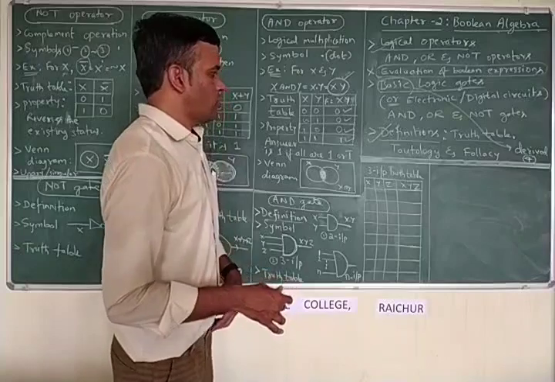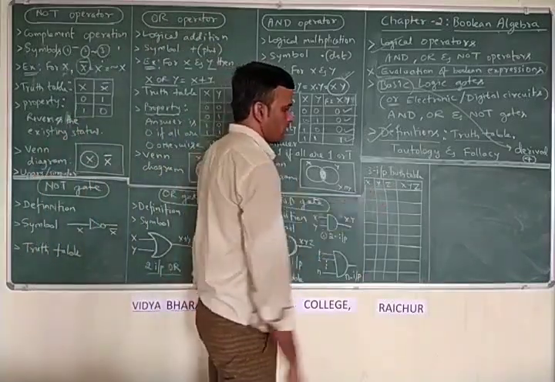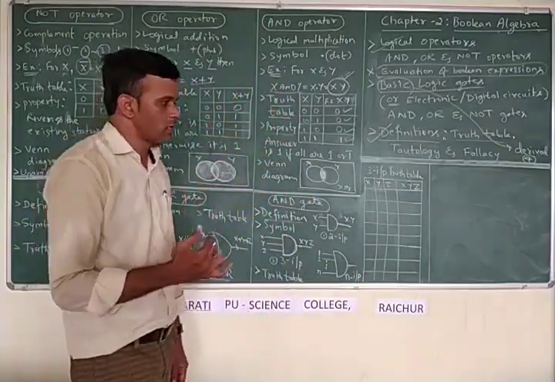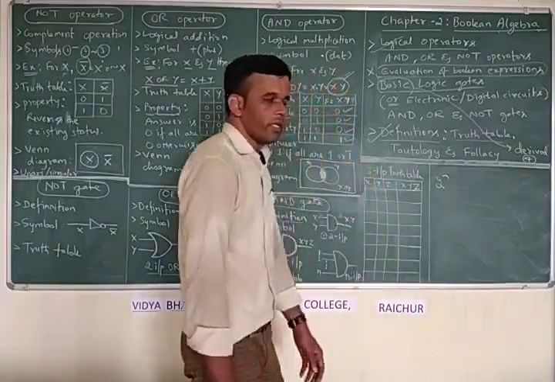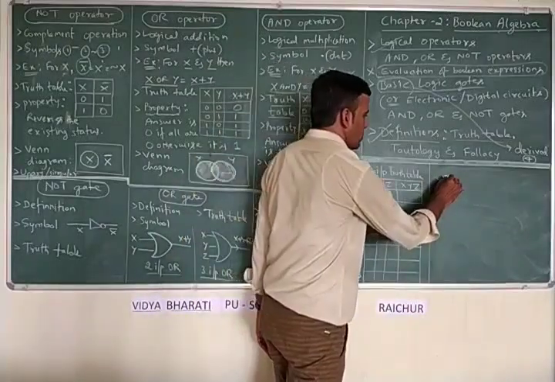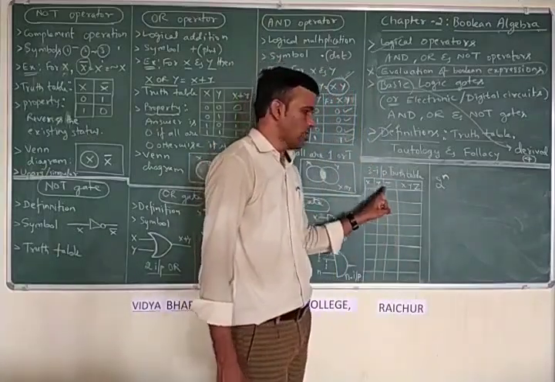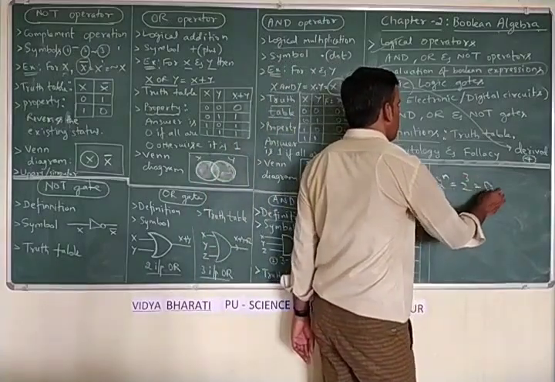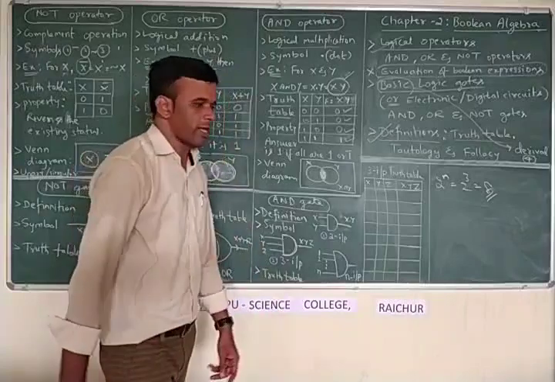So when it comes to 3 input signals, here we are going to have 3 variables. So how many possible combinations of zeros and ones can we write? It all depends upon this formula 2 to the power n, where n indicates the number of signals. So here in this case it is 3. So 2 to the power 3 means 8 possible combinations of zeros and ones we can write.